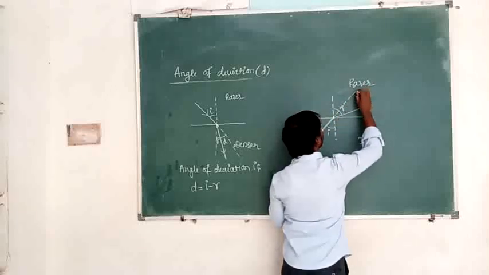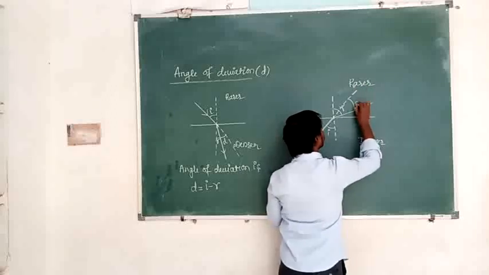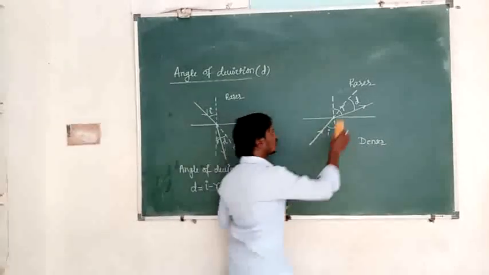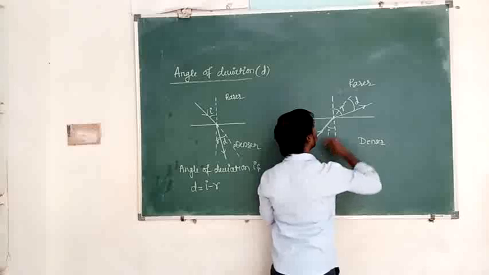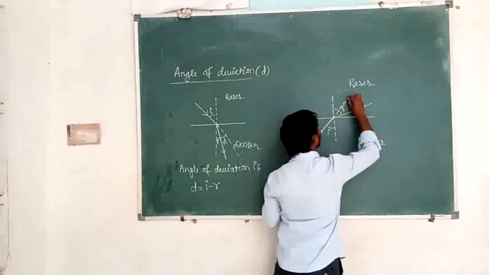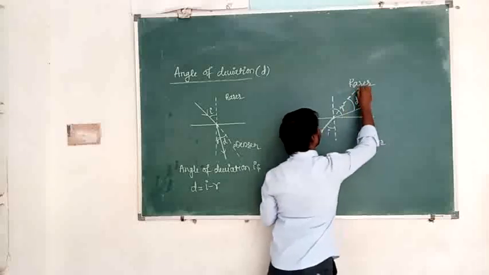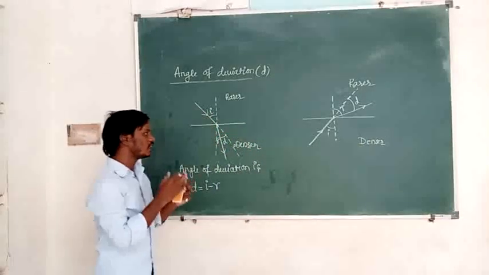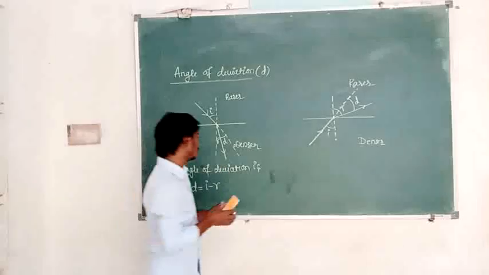Then what is the expression for the angle of deviation here? This is the angle of deviation, that is D. What is the angle of deviation? By definition, it is the angle between the extended incident ray and the refracted ray. From which medium to which medium is light traveling here? The light is traveling from denser medium to rarer medium.